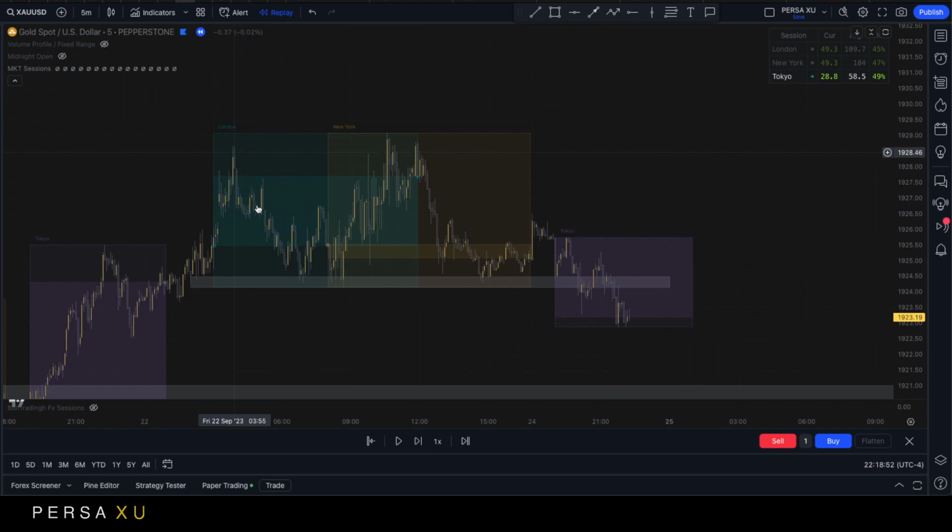If London created this range and New York opened and tested the support, it failed to break, so it went to retest its high and it made a new high. Doesn't it make sense that if London opens any moment over here or whenever it does, that it doesn't want to grab liquidity around these previous highs during Tokyo session, right?